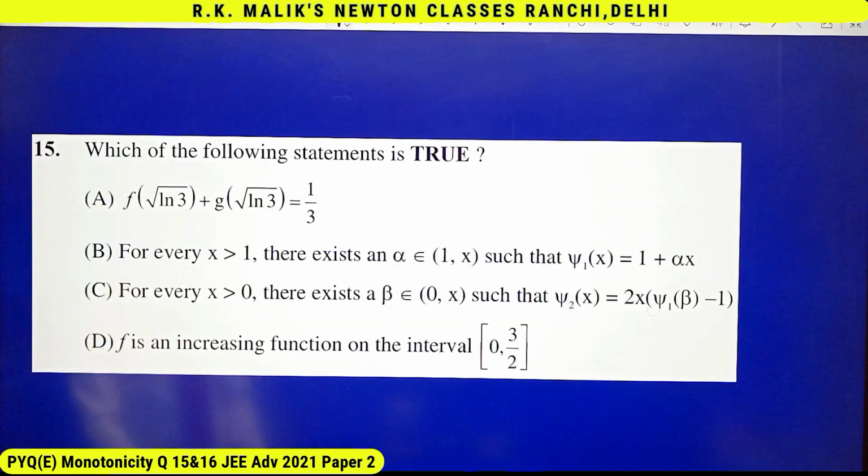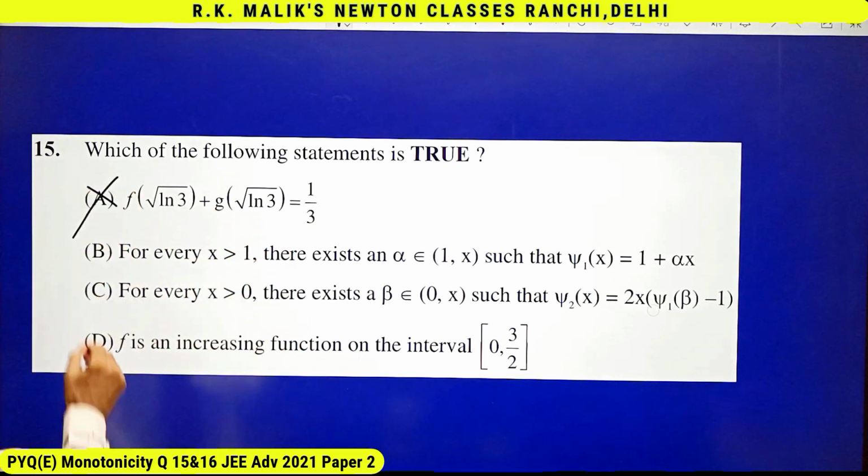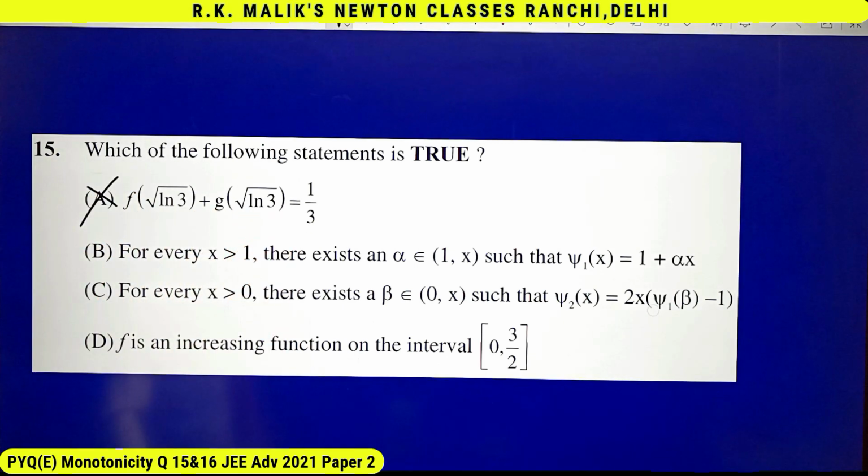But in this choice A, the answer is given as 1/3. Therefore, this becomes a wrong choice. As I told you in the very beginning, because it is given that only one choice is correct, I'll be checking the easiest choice to the toughest choice in this order.